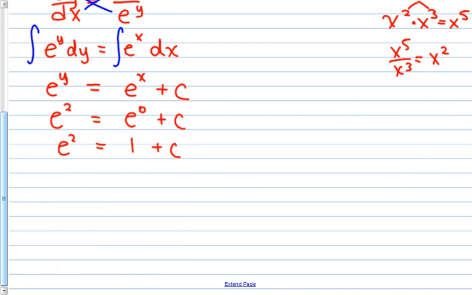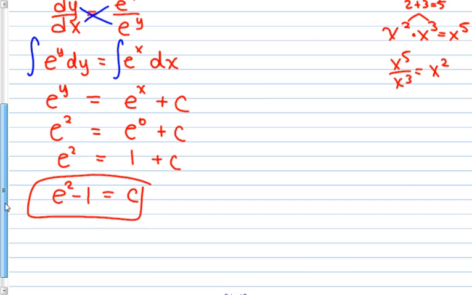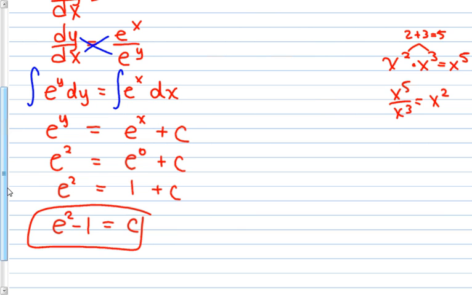So subtract 1, so e squared minus 1 equals c. So here's my c. Then I'd go back up here, and the equation I found is this, but now I can replace c with what it's equivalent to. So e to the y equals e to the x plus e squared minus 1.